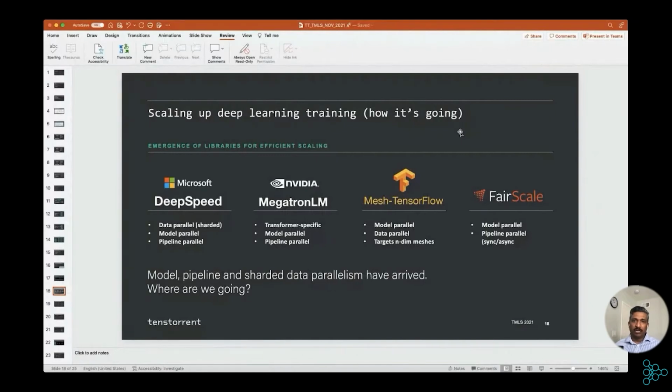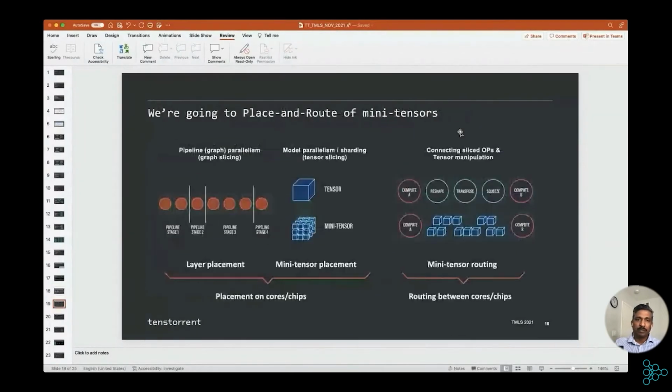Along with that, a lot of libraries were evolving to provide efficient scaling. You can see here that a lot of these libraries started giving model parallelism and pipeline parallelism flexibility to the user, and that, along with our hardware architecture, really provided the scale-out opportunity.